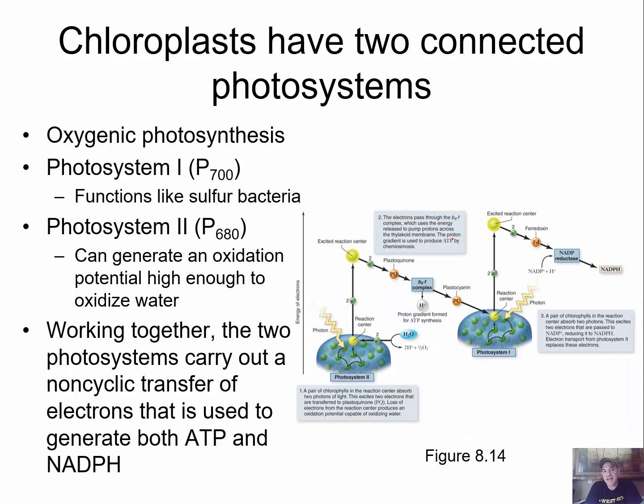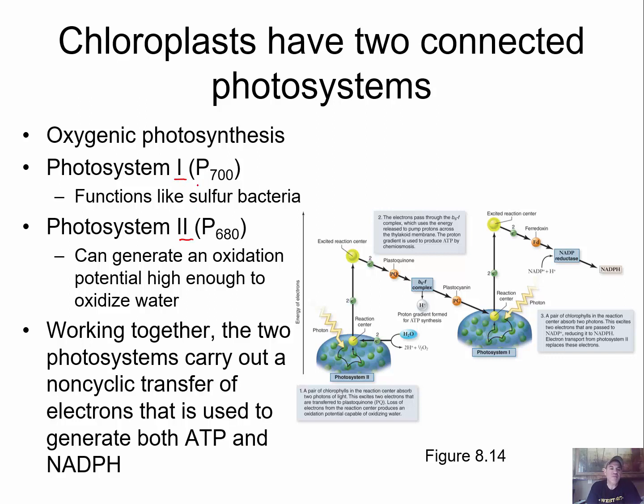For green plants and algae, the chloroplasts in there are going to have 2 photosystems instead of 1, and they're named photosystem 1 and 2, and actually they're given these names based on their discovery or their description. So photosystem 1 was described first, then photosystem 2.